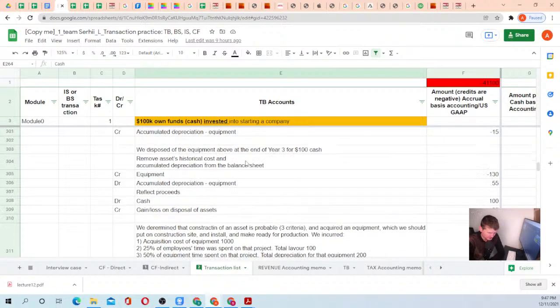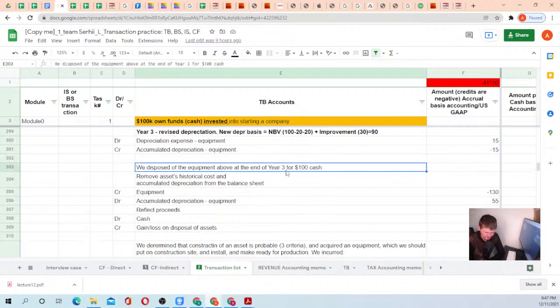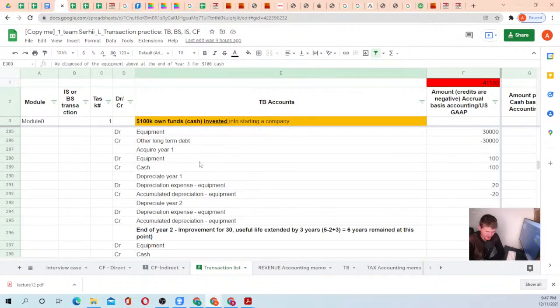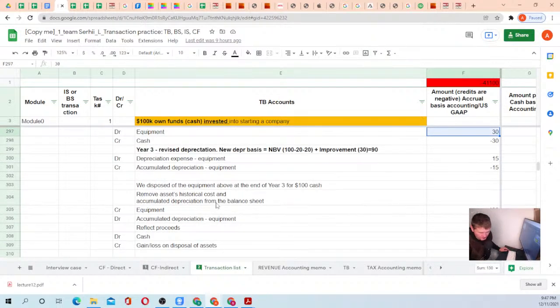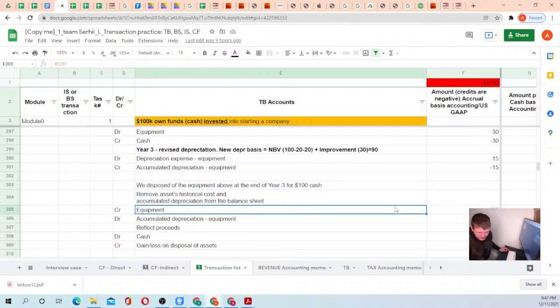Let's see if I have an example. Okay. So basically here we acquired the asset for 100 and then we modified it for $30. And when disposed, we wrote off the full cost, $130.